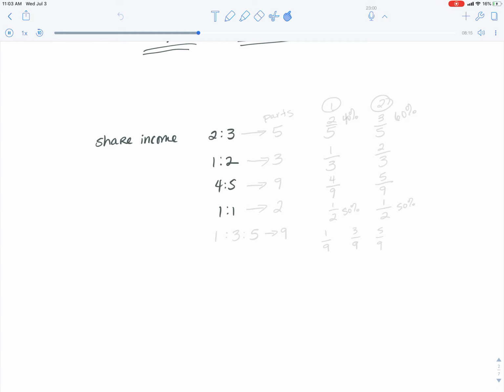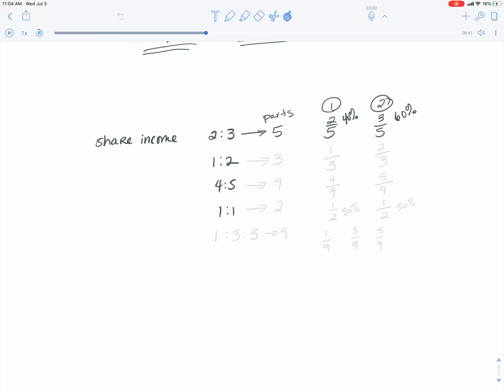If two partners are sharing 2 to 3, that means there are 5 parts total. One partner gets 2 of the 5, and the other partner gets 3 of the 5 parts. So this is essentially a 40% and 60% split.